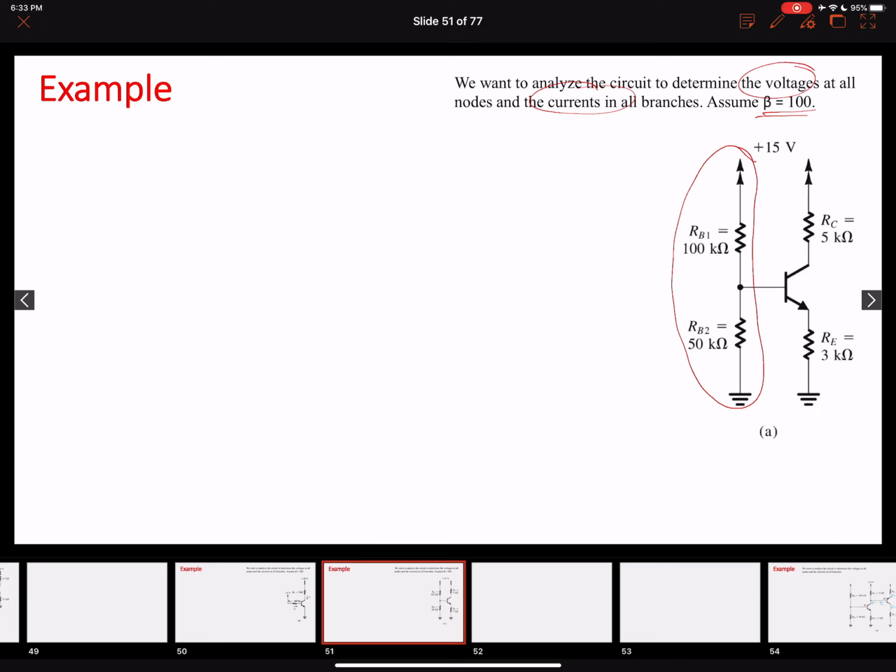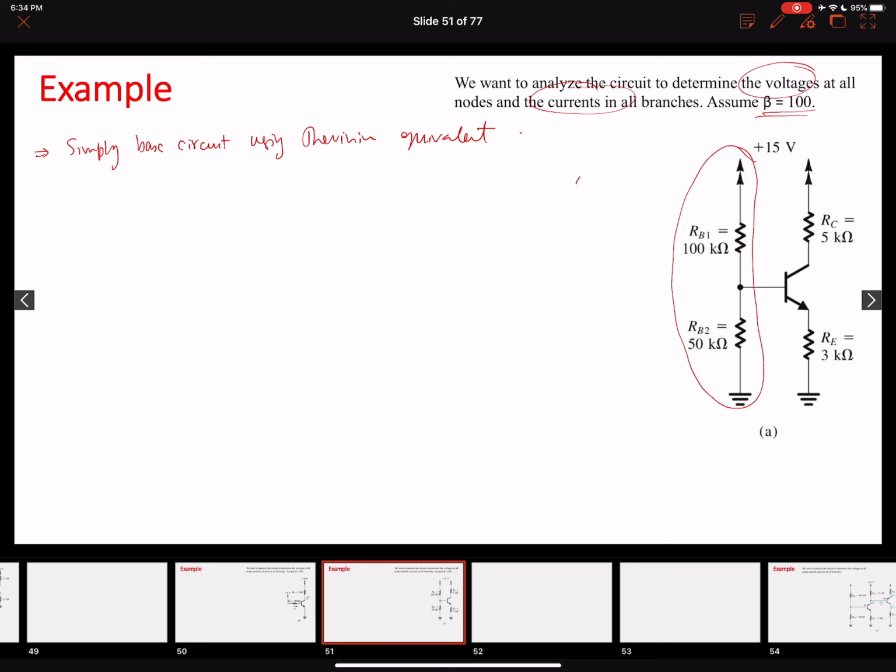So what I'm going to do now is simplify this base circuit. The first thing that we should do is simplify the base circuit using Thevenin equivalent. So how will that look?